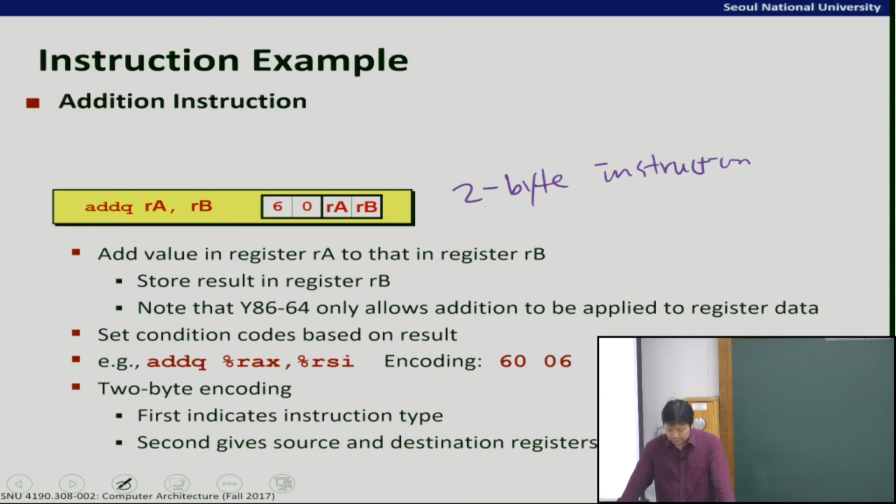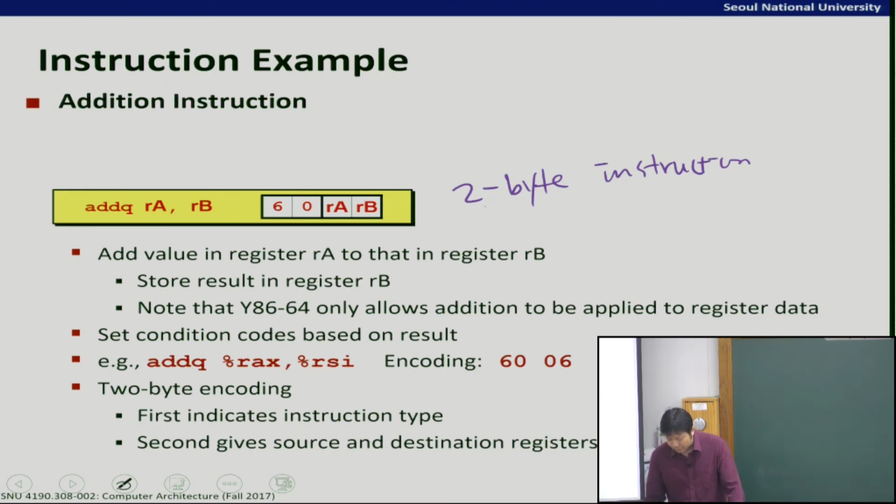What it does is add the value of register A to that of register B and store the result back to register B. Okay, this is no surprise. And condition codes are set based on the result of the computation. Right? If there's an overflow, then the overflow bit will be set. If the value becomes negative, then the sign bit will be set, and so on. Right?